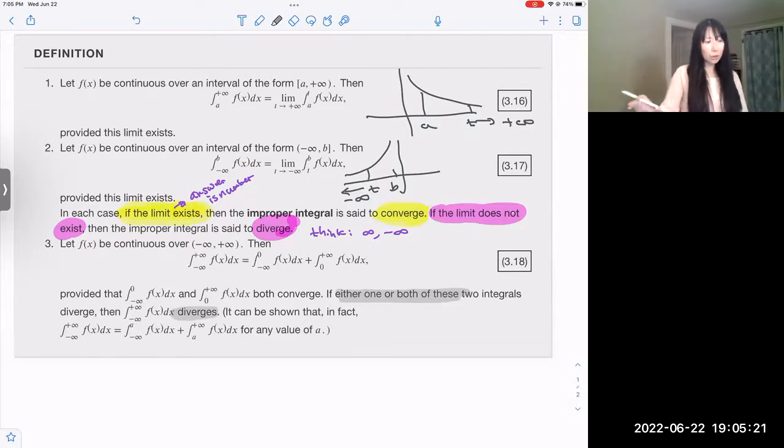All right, let us do an example so we understand this definition.